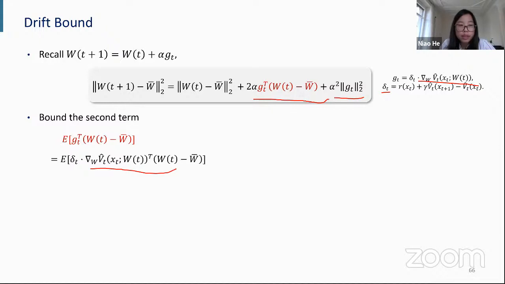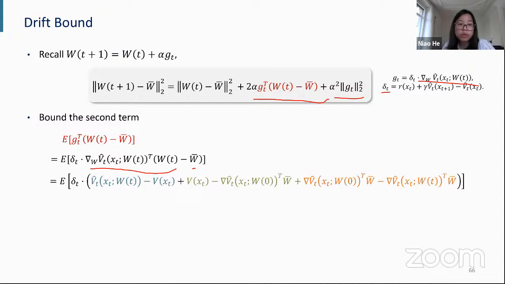Because this is just the indicator function times w times x. So this is nothing but the value function at Wt. And if you look at w bar times its gradient, as we mentioned earlier, if you use w0 instead of Wt, then this essentially converts to the true value function, right?